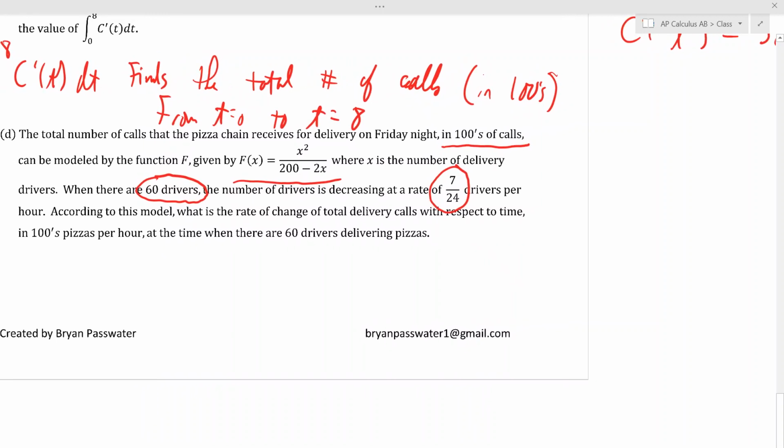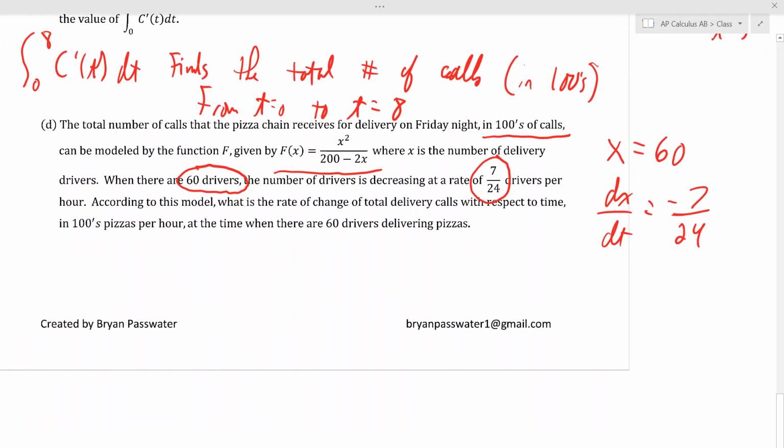And that's drivers per hour. So they're telling us at this point in time, X is 60 and it's decreasing. Its rate of change is negative 7/24. That's what that sentence tells us, okay? And you want to pay attention to questions like that, not specifically for an AP test, just the wording of it.